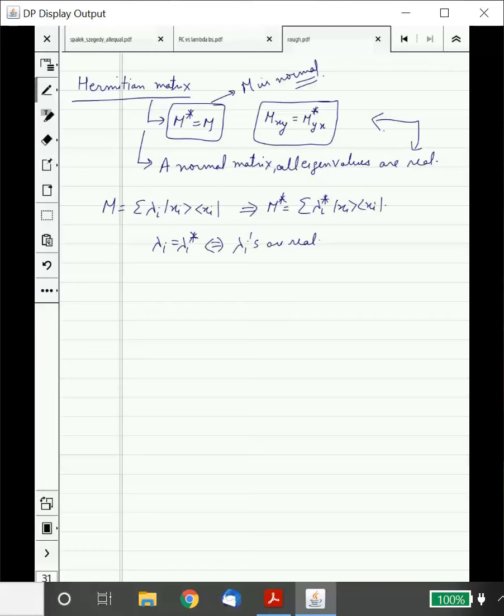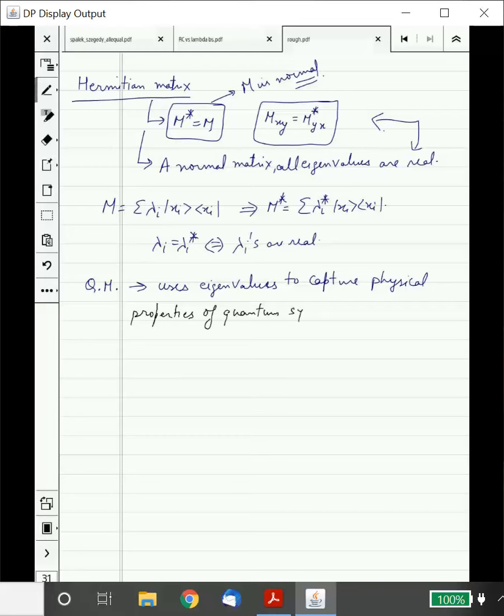Hermitian matrices are important because quantum mechanics uses eigenvalues to capture physical properties of quantum systems. Now, if you think about it, the physical properties should be real numbers.